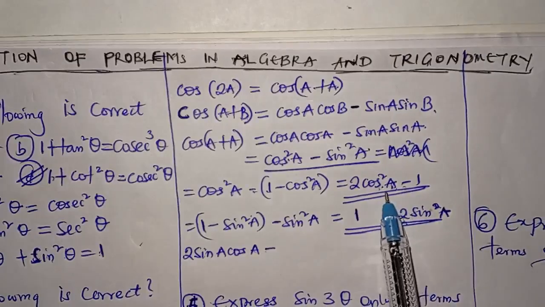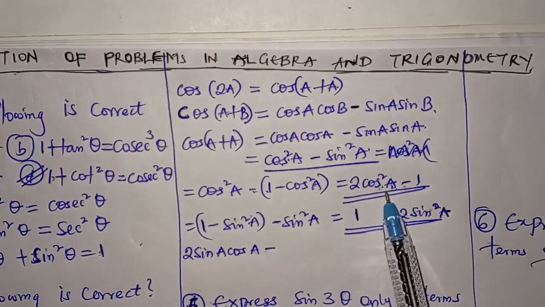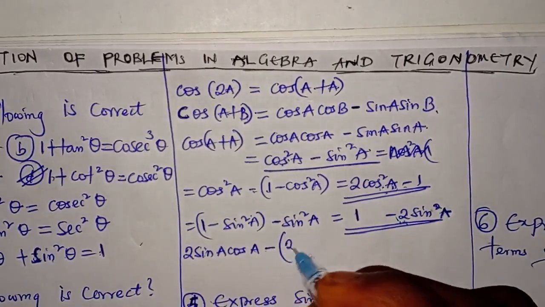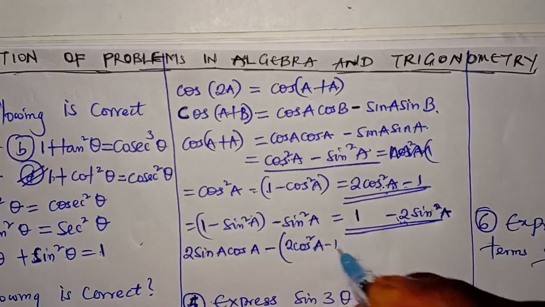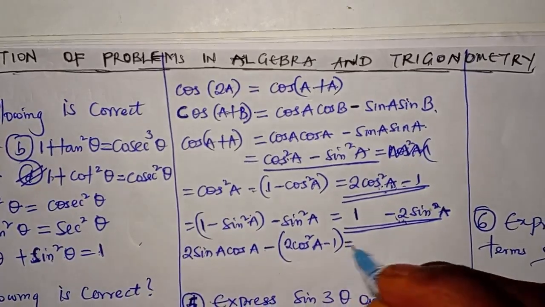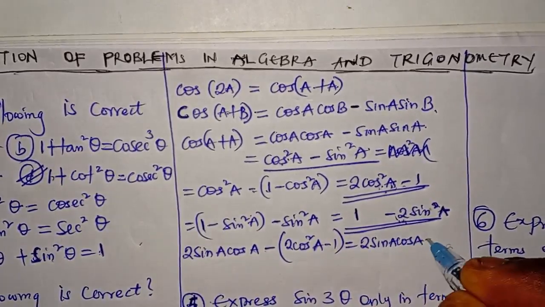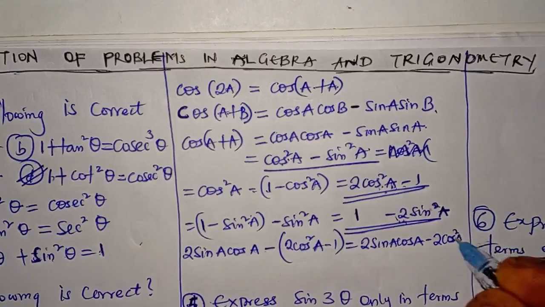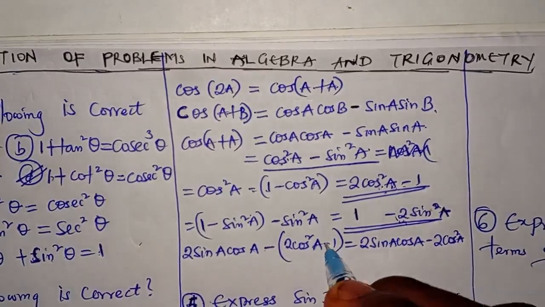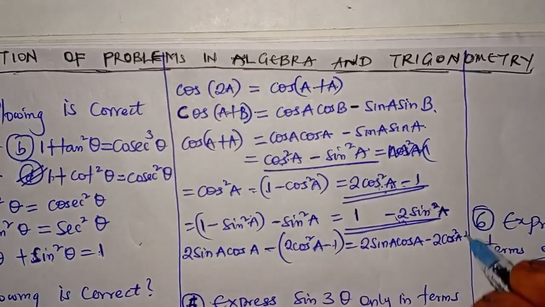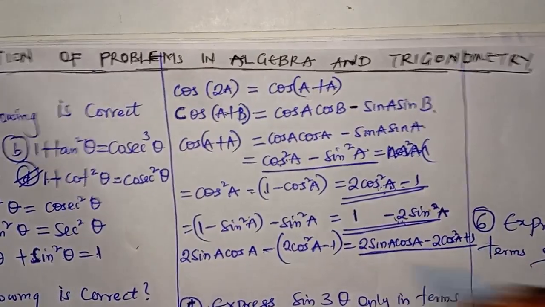If I use 2 cos squared A minus 1 as the cos 2A, that will give me 2 sine A cos A minus (2 cos squared A minus 1), which is 2 sine A cos A minus 2 cos squared A plus 1. This one can be the answer.